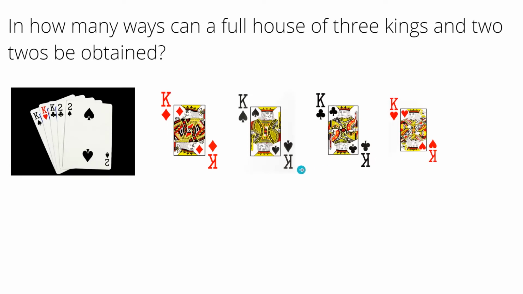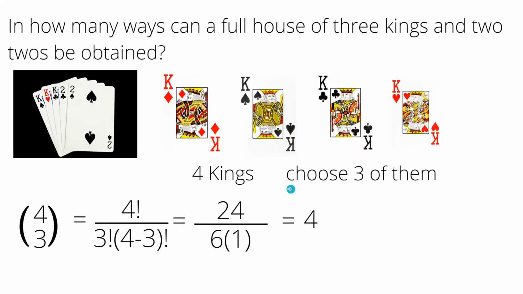Let's just look at the 3 kings first. How many different ways can you get 3 kings out of a deck of cards? Well, how many kings do you have? You have 4 kings in a standard deck of cards, and we want to choose 3 of them.